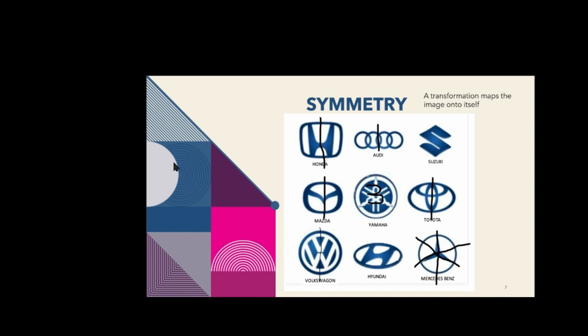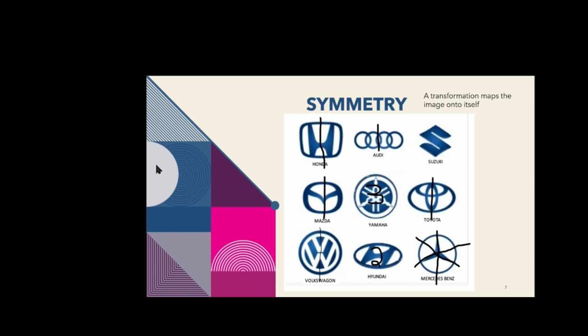Now, let's look at the Hyundai logo. That one, I have to turn it 180 degrees in order to get it to land on itself. And then I can turn it again to get back to itself. Since I can do 2 rotations before I get back to start, we say this has twofold rotational symmetry.